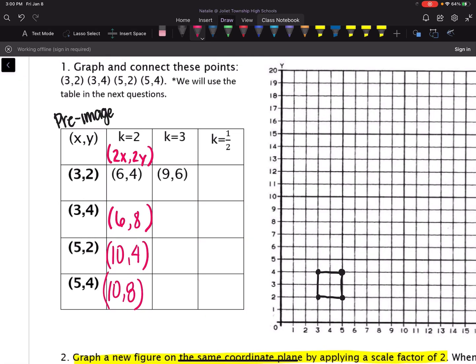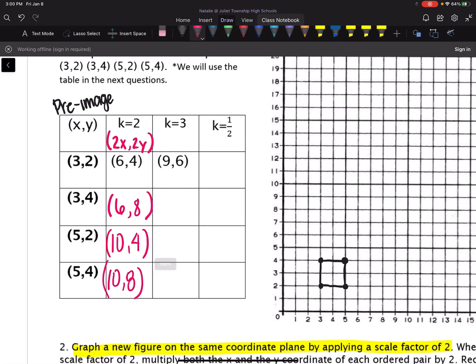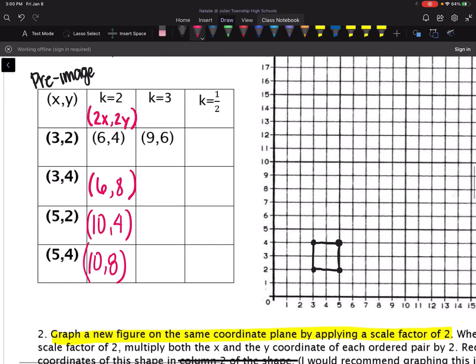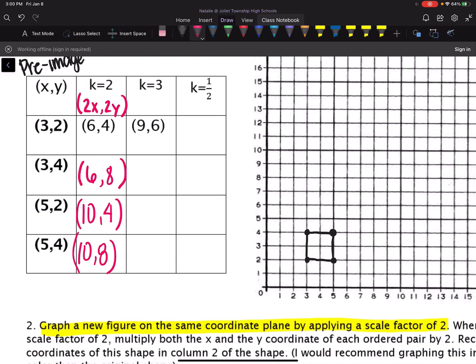Now that I've calculated the ordered pairs of my image, I want to go ahead and graph that image as well. So we've got (6, 4), (6, 8), (10, 4), and (10, 8). And I want to go ahead and connect those points to make my image.